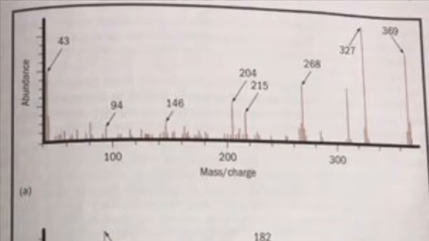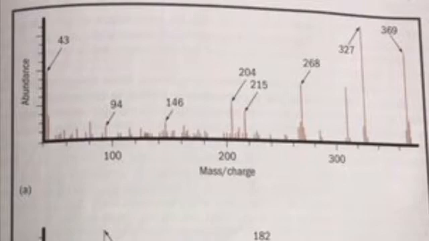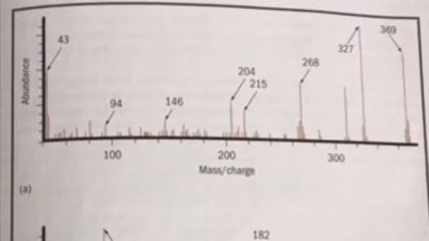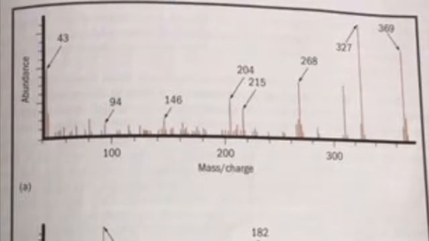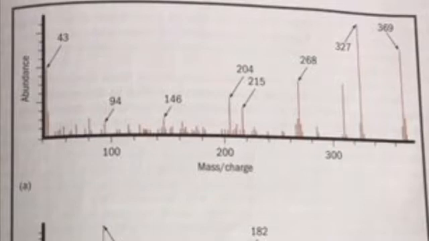Here is the mass spectrum of heroin. The peaks with the little lines represent fragments of the heroin molecule. The numbers represent the mass, actually the mass to charge ratio, but since the charge of almost all of them is 1, we can call it the mass.